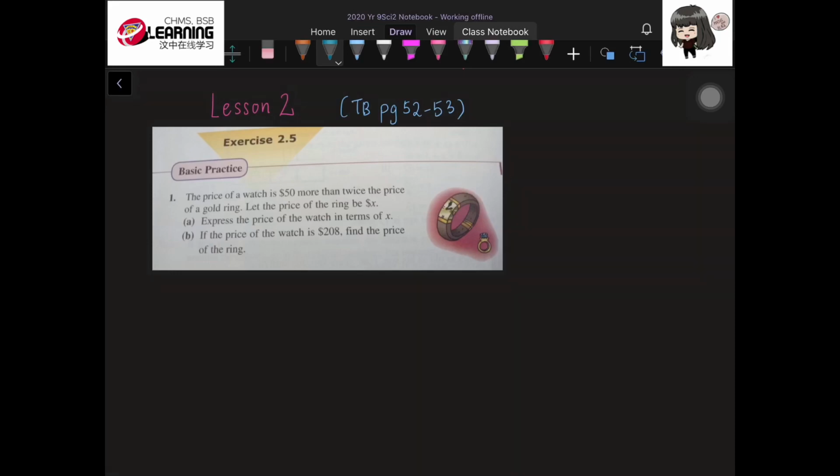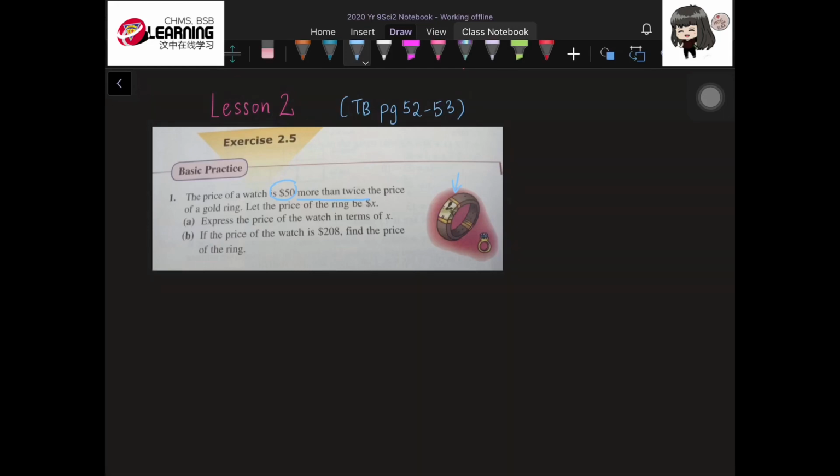Alright. So number 1: the price of a watch is $50 more than twice the price of a gold ring. So we know that this watch is $50 more than twice the price of the ring. It means that the watch is more expensive than the ring.